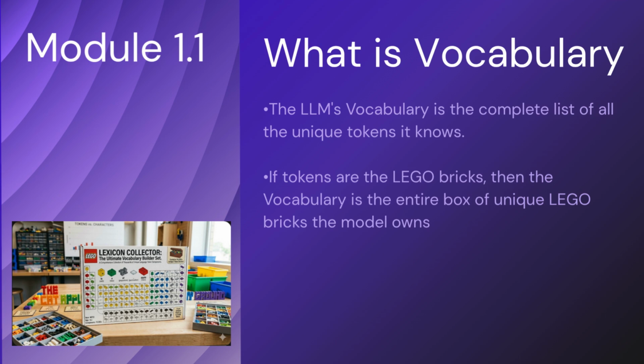Once the training is done, that box is closed. If you give the model a word it has never seen before, it doesn't panic. It just breaks that new word down into the closest tokens, Lego bricks, it does have in its vocabulary box. So the vocabulary determines the limit of the model's understanding at the most basic level.